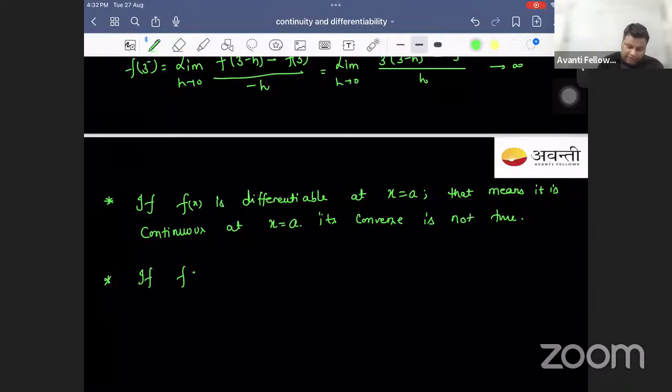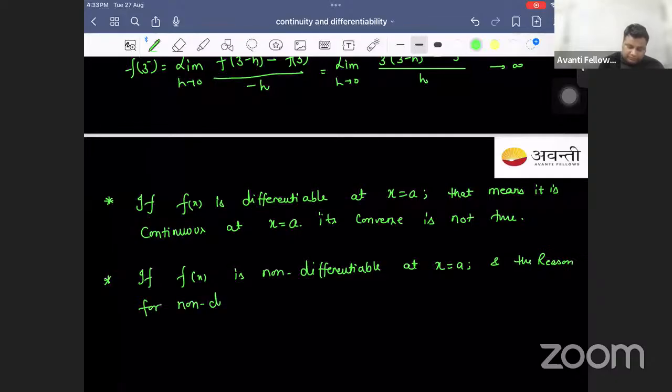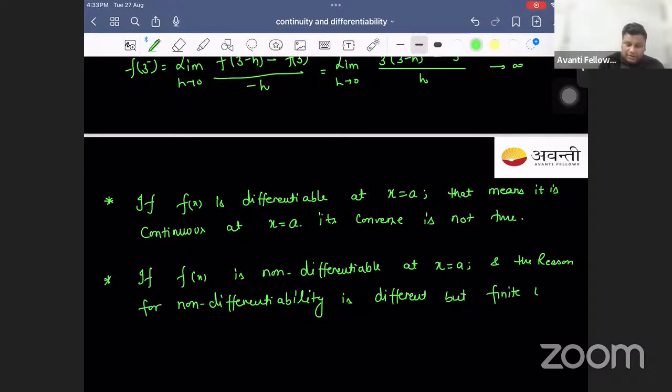Clear? Now, if f(x) is non-differentiable at x equals a, and the reason for non-differentiability is different but finite LHD and RHD, that means the function is non-derivable, that is fine.